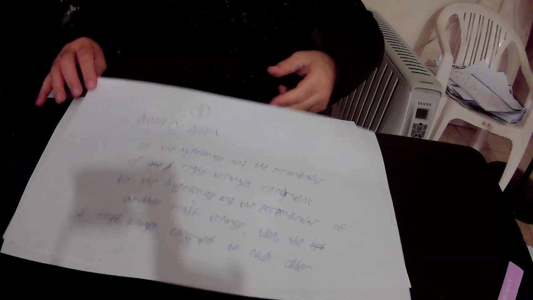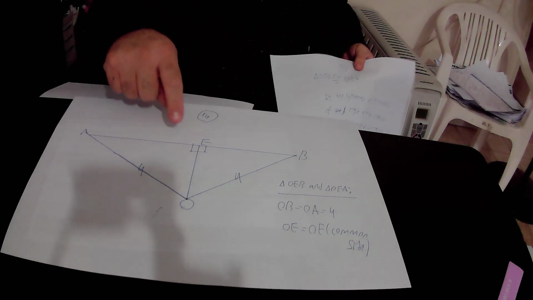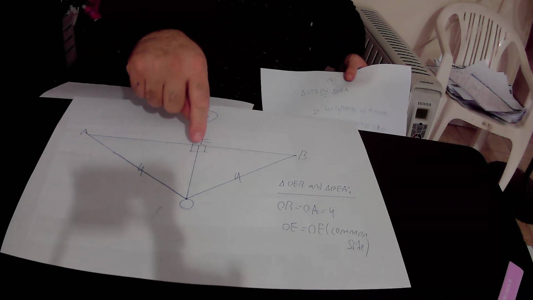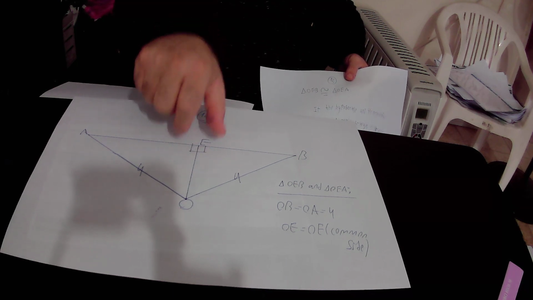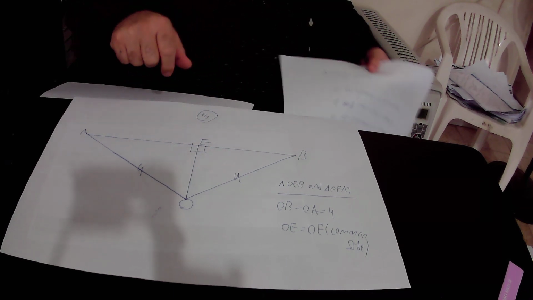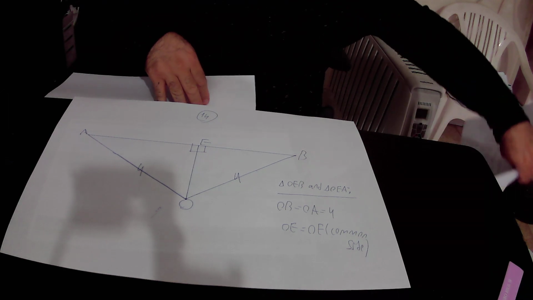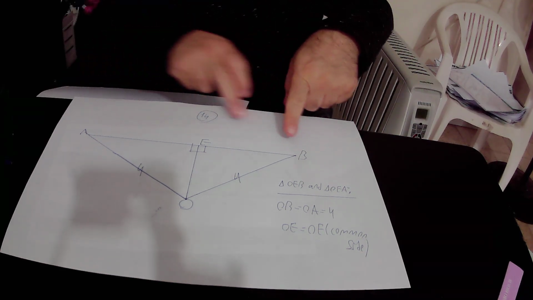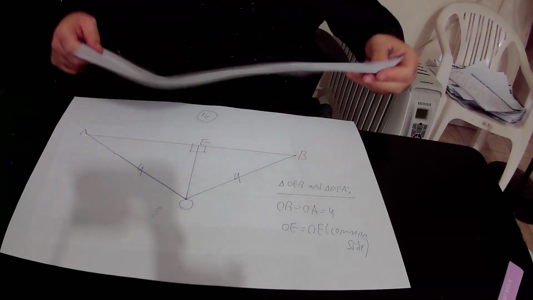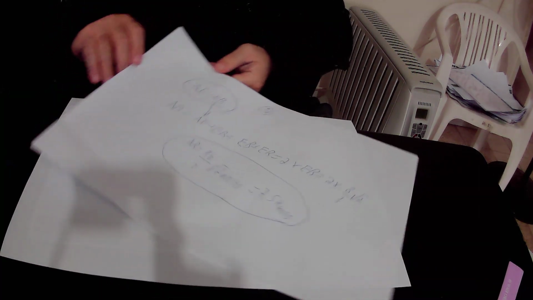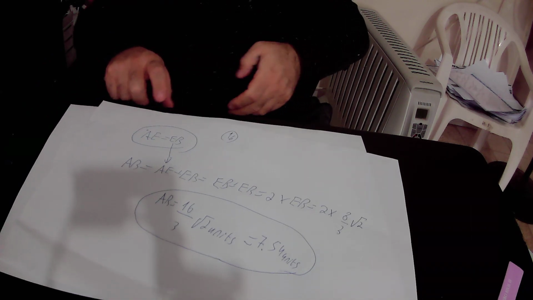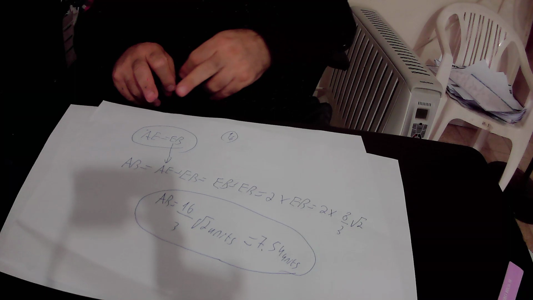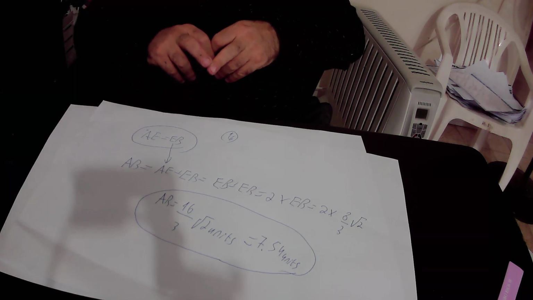And because those two right triangles can go into each other, we conclude that AE equals EB, according to the rule that corresponding sides in congruent triangles are equal to each other.